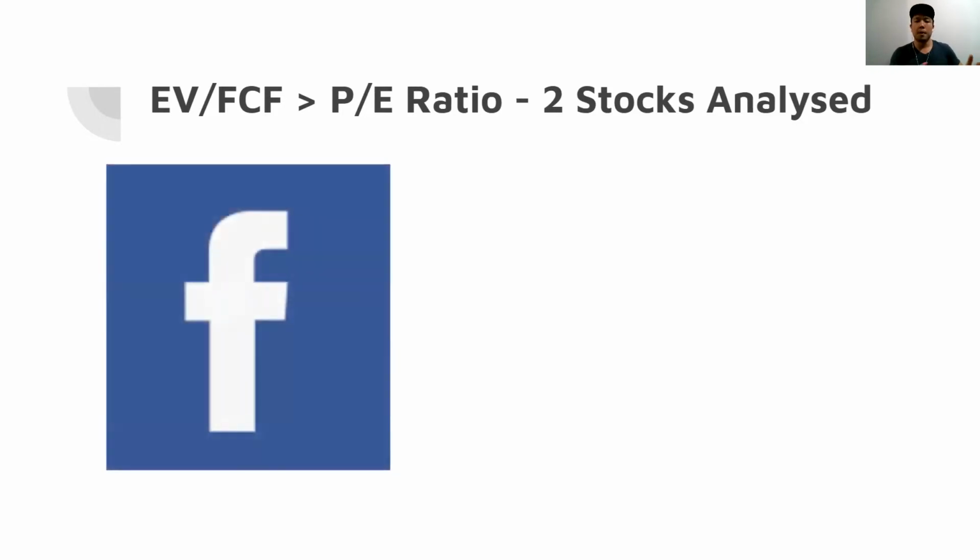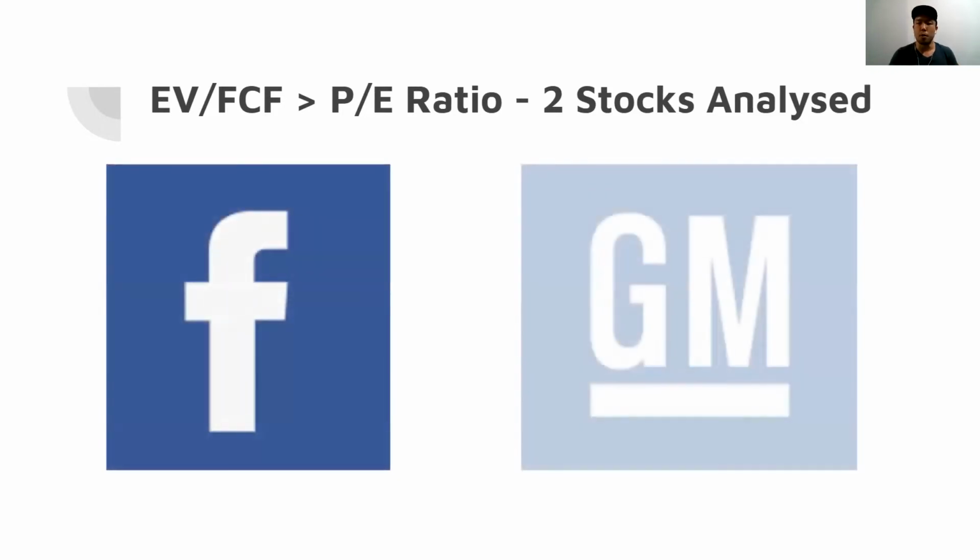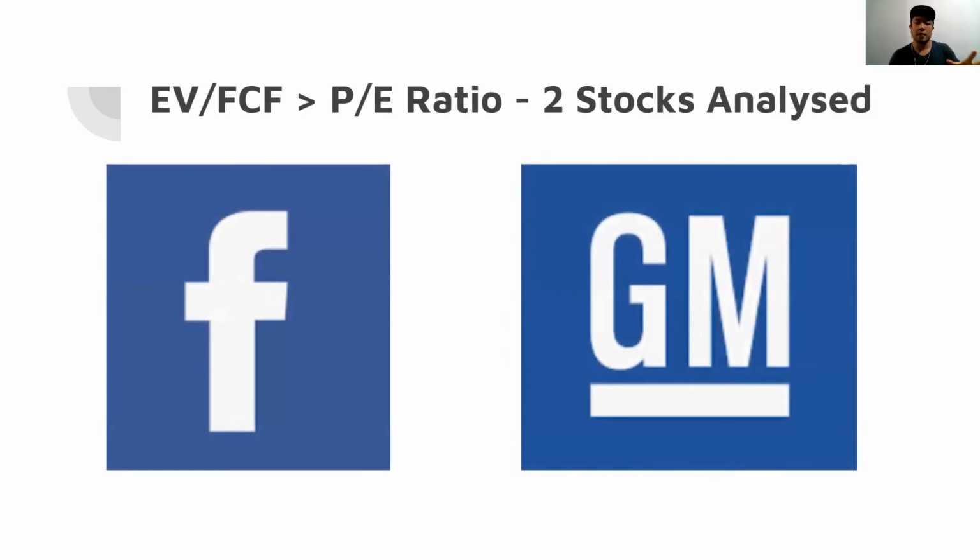So we're going to compare Facebook with General Motors, a tech company that's asset light, low capex, no debt, very healthy balance sheet, versus a company that's very heavy in assets, very heavy in sustaining capital, lots and lots of debt. And we're going to look at exactly why the price to earnings ratio falls short and why the enterprise value to free cash flow ratio is so much better.